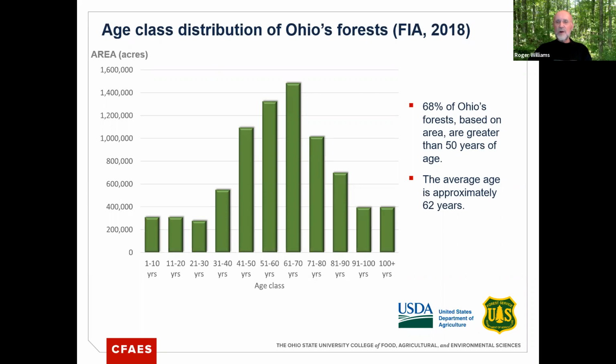So if you look at where Ohio's forests stand regarding age, we find that 68% of Ohio's forests, based on the amount of area they occupy, are greater than 50 years of age, with the average age around 62 years. So what this means is that most of Ohio's forests have passed their peak sequestration rate, but they still continue to increase in the amount of carbon stocks.